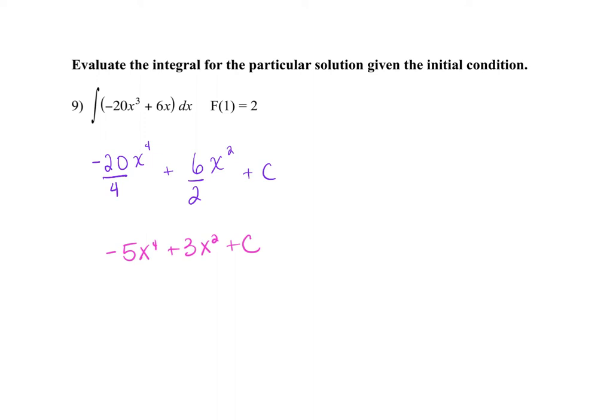It gives me an initial condition of a 1. All right, initial condition of a 1, which means if I plug a 1 in, it should equal 2. All right, so I'm going to plug the 1 in. I am going to say negative 5, 1 to the 4th, plus 3, 1 squared, plus c equals 2. That is my initial condition. Simplify it.